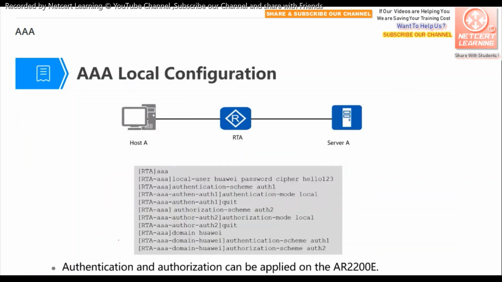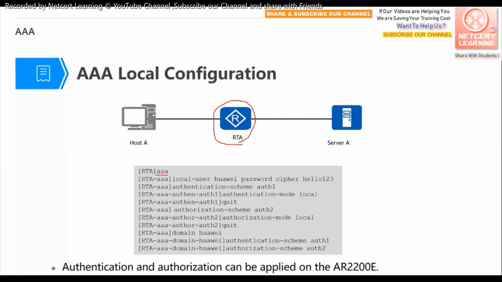Okay, so let's continue to look at the configuration. First is AAA local configuration. AAA local configuration is configured on the router A. Local configuration means we need to configure it locally on the router A. So on the router A, first we enter AAA.